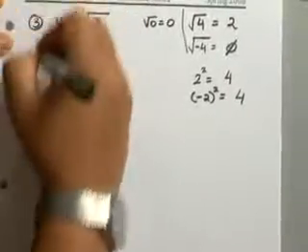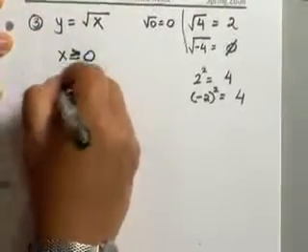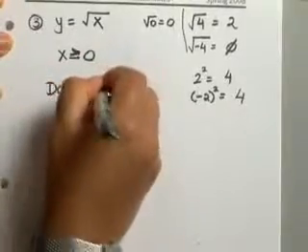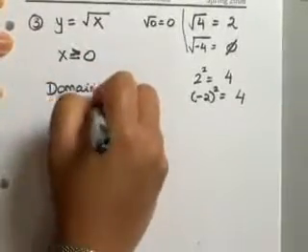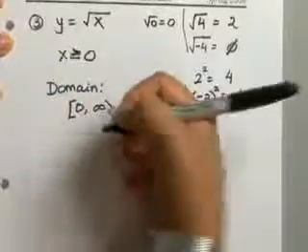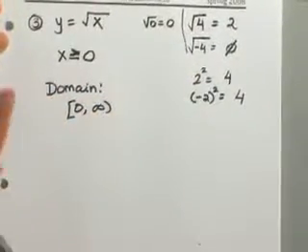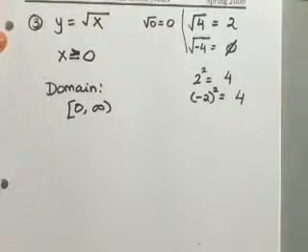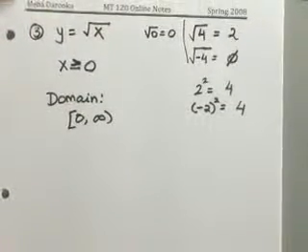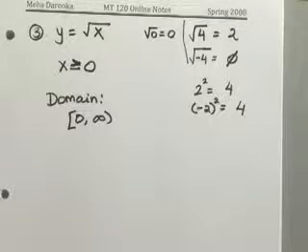So when you talk about the domain of this function, you will say the domain is 0 to positive infinity, including 0. We're just skipping all the negative numbers completely here. So there you have it. Those are your 3 different examples of how to find the domain using the equation of a given relation.